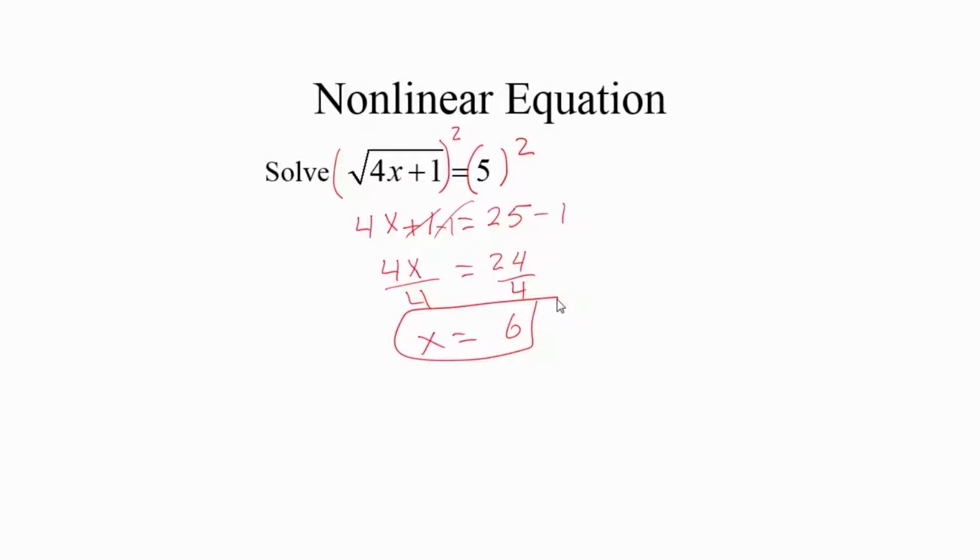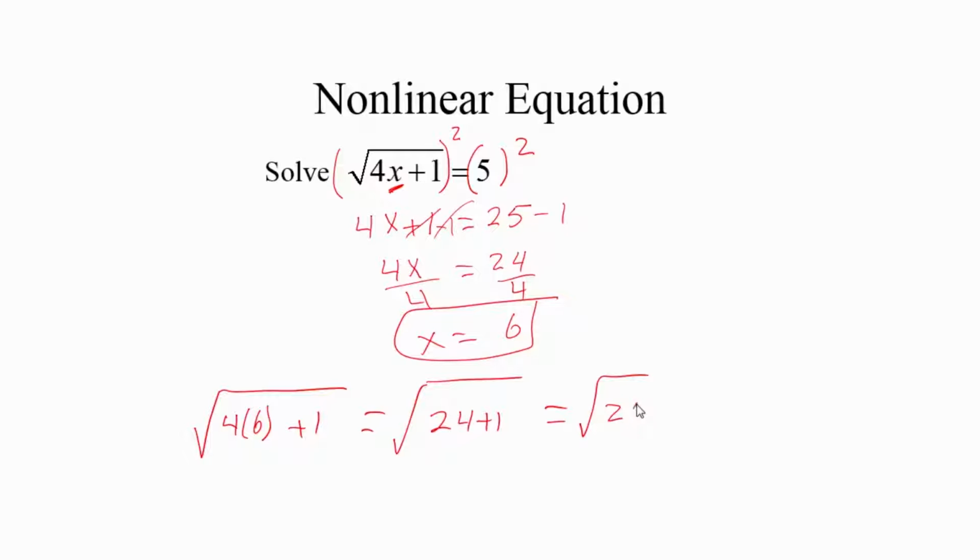And again, I can go ahead and plug in 6 for x in the equation and see if it is true. So I would have the square root of 4 times 6 plus 1. Square root of 4 times 6 is 24, plus 1. The square root of 24 plus 1 is the square root of 25.